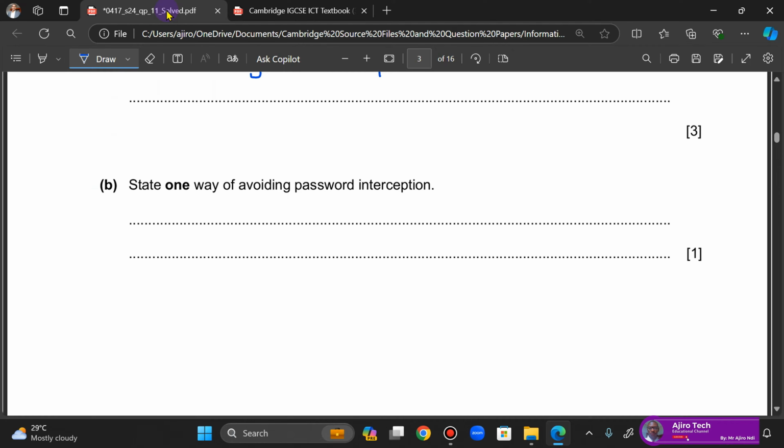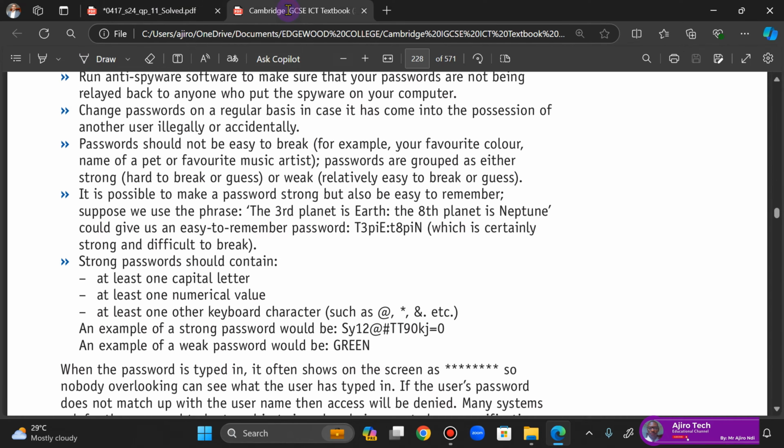State one way of avoiding password interception. One way of avoiding it is to change your password regularly. Look at it: changing password on a regular basis in case it has come into possession of another user illegally or accidentally.